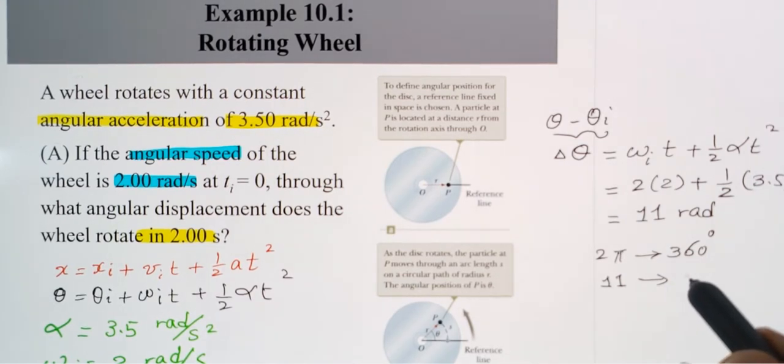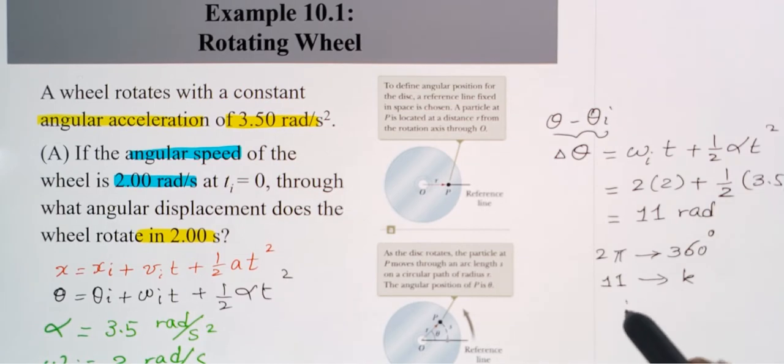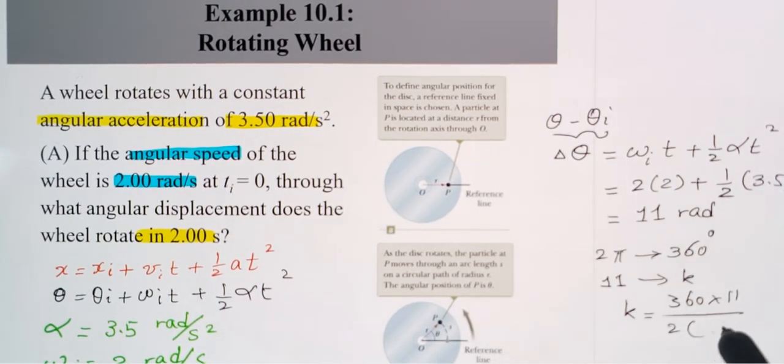Just a constant, give it k for example. So k is equal 360 multiplied by 11 over 2 pi, which is equal 630 degrees.